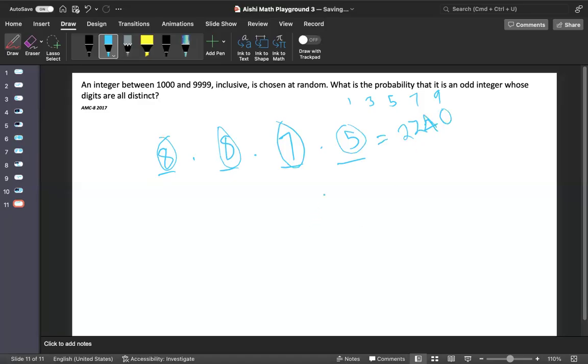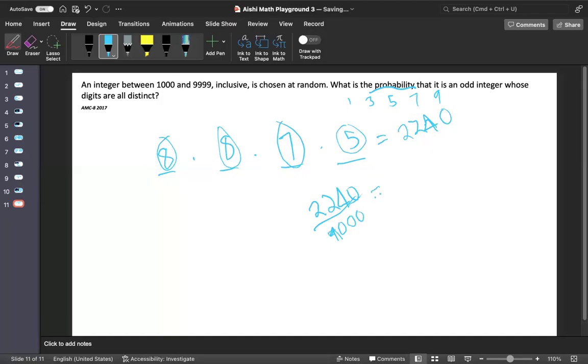So it says what is the probability, right? So we would have 2240 divided by 9,000, right?